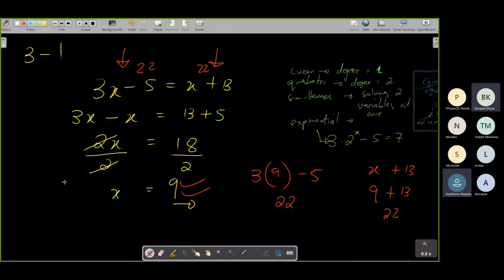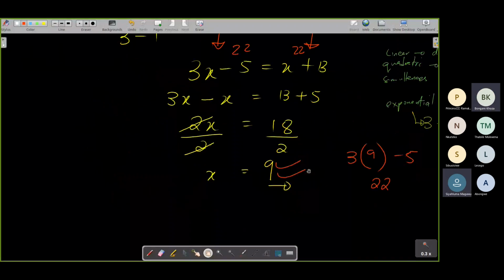So that means our answer is correct. That's a method that you can also use whenever you're having tests, whenever you're writing anything. You can just check whether your answer is correct by substituting into where x was given. Right. Any questions for that one? No. Right.